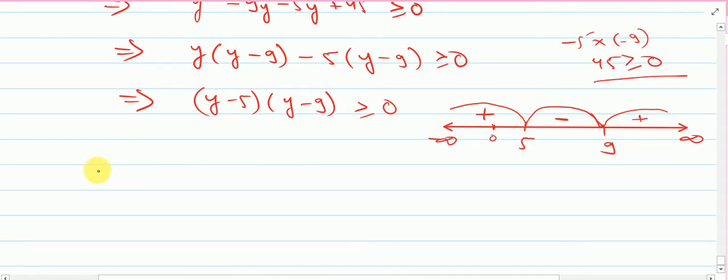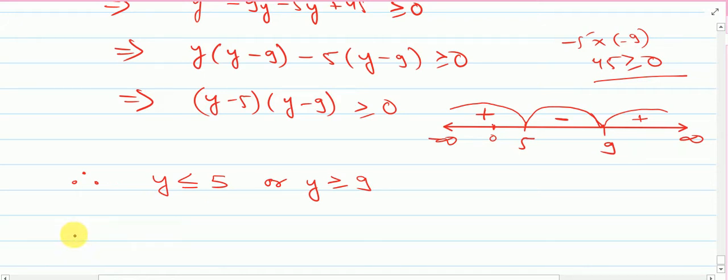So you can write therefore y will be less than equal to 5. Why I am writing equal to? Because here 0 is also there. Greater than equal to 0. So or y will be greater than equal to 9. So obviously y is not in between 5 and 9. So therefore we have proved.